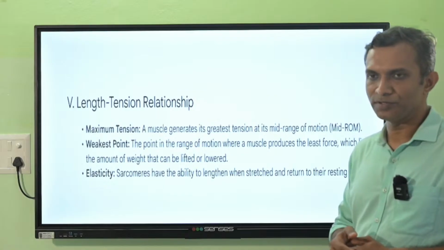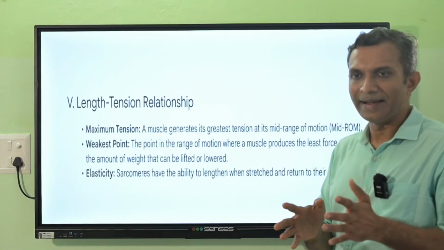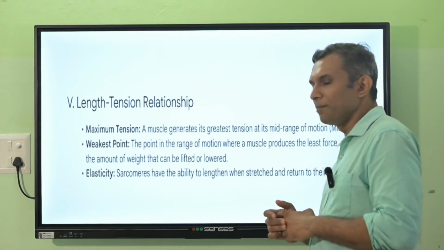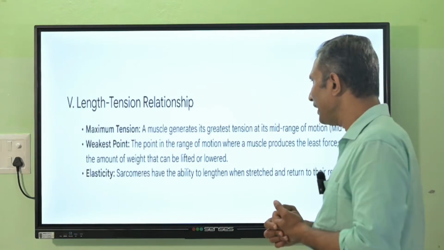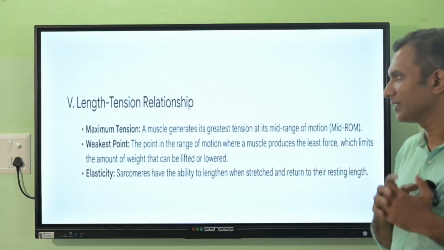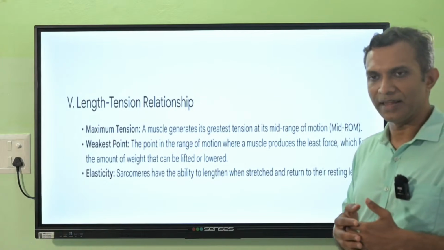To maintain a joint position, we need both agonist and antagonist acting in a synchronous manner to maintain stability. So maximum tension development is at the mid range and the weakest point is at the end ranges. When a muscle is in a fully contracted or fully relaxed phase, it limits the amount of tension that can be generated.